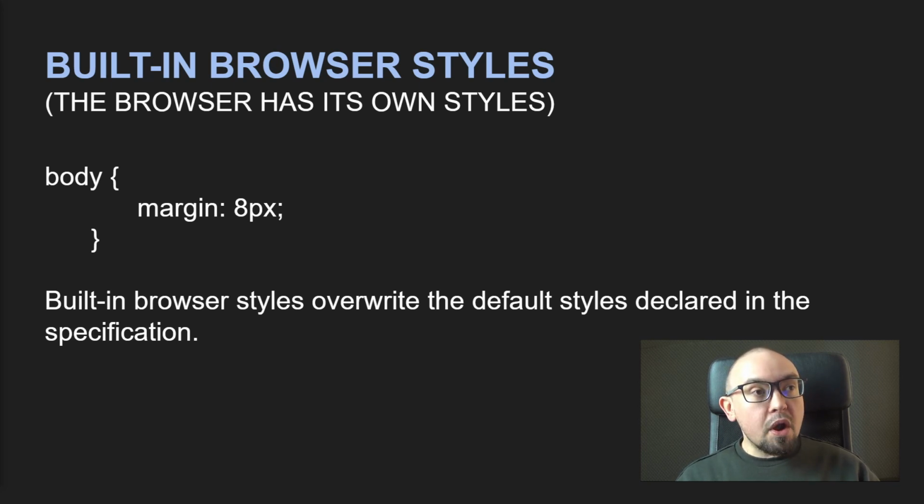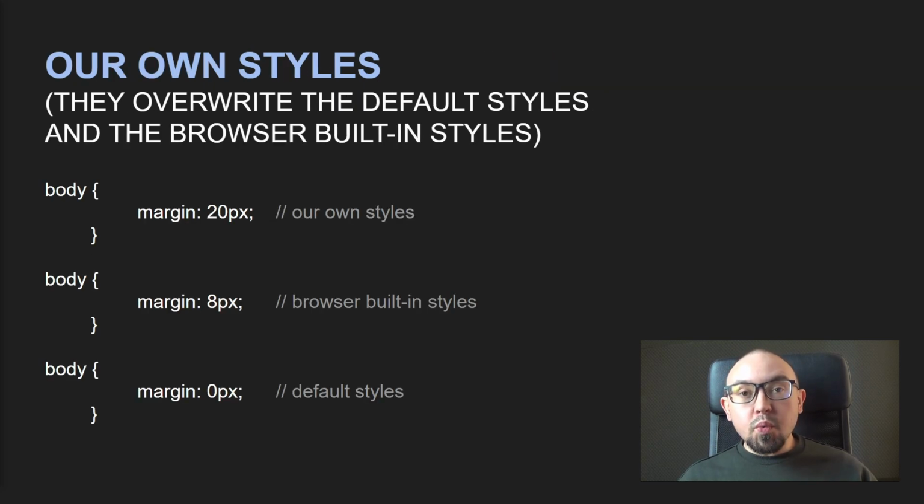Then the built-in browser style gives it 8 pixels. All modern browsers have the same specific built-in styles. We need to know that the built-in browser styles override the default styles. The browser first gives all created elements the default styles, and then overrides them with the styles built into the browser. And we should override the browser styles with our own styles.